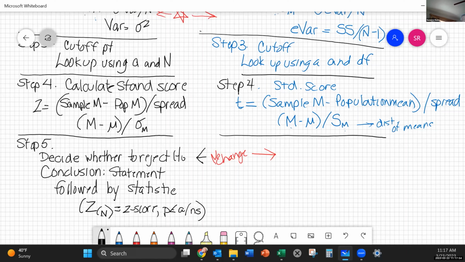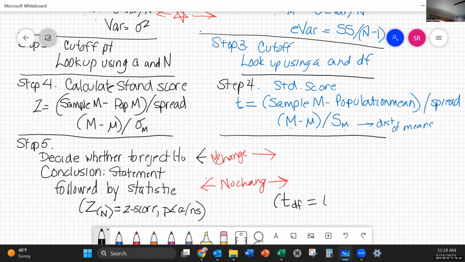Here, this is very similar. So I would say that there's no change in the statement. But in the statistic, we have just a slight change. In the statistic, we're going to write T instead of Z because that's what we're working with. And then down here in the parentheses, we're going to write degrees of freedom, not N anymore.